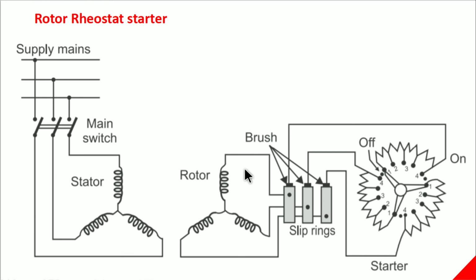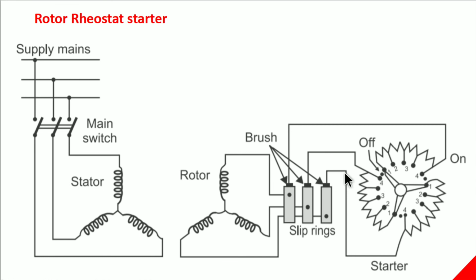Then rotor windings are connected to three slip rings in slip ring induction motor, and these slip rings are connected to some external rheostat variable resistance through these brushes. The brushes are stationary, and the slip rings rotate with the rotor, but these rub on the outer surface of the slip ring for continuous connections.